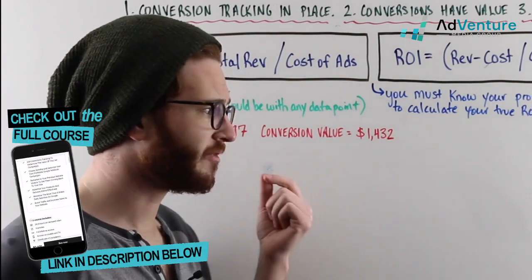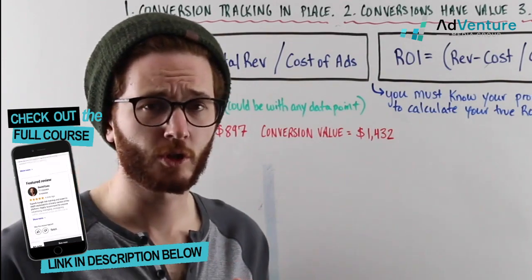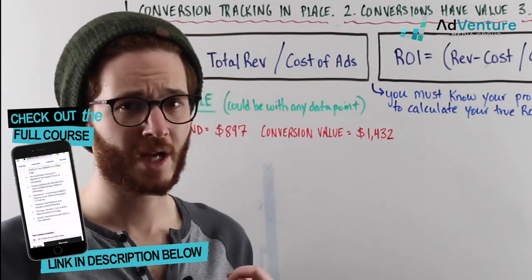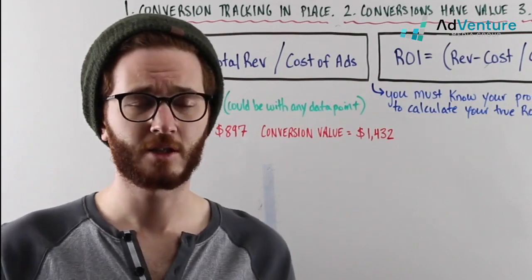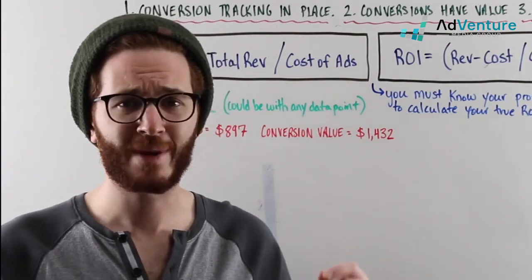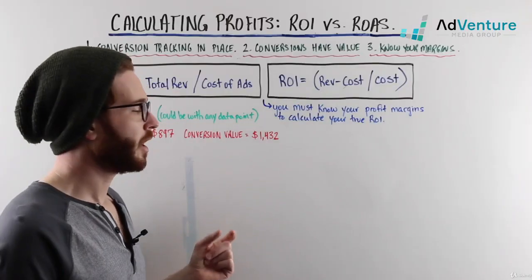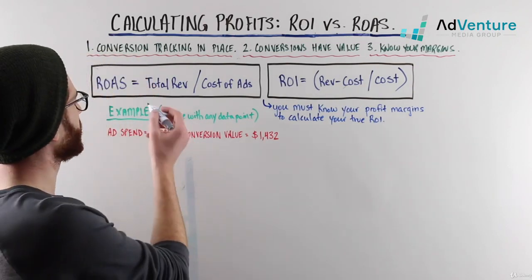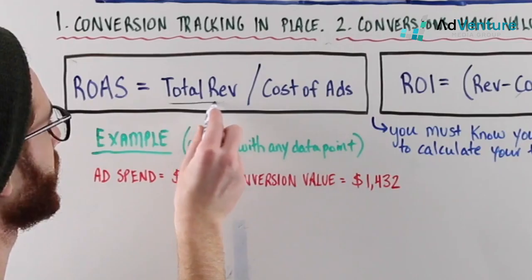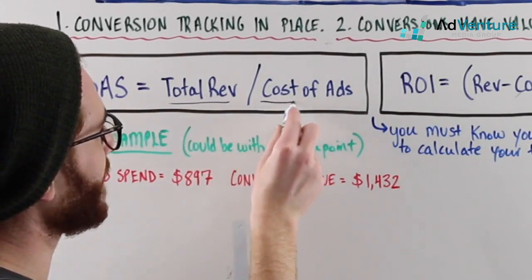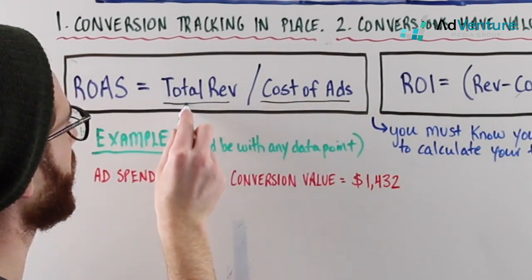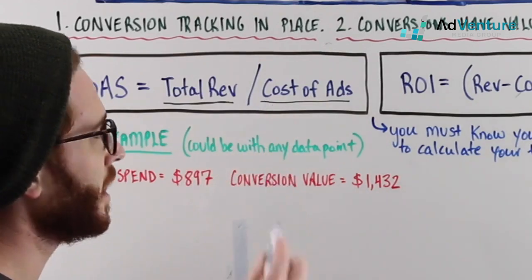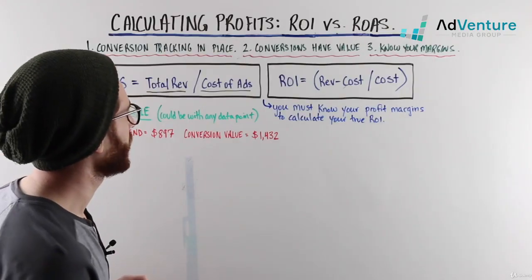Then your profit per conversion is really only $50 and not $100. But ROAS does not take that into account. Return on ad spend simply looks at your return, the total revenue that you made divided by the cost of advertising. And total revenue here refers to the total value of those conversions, not necessarily the profit.